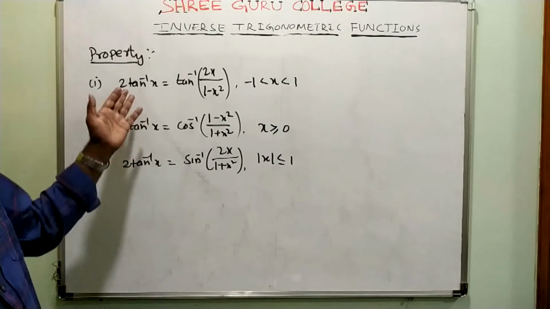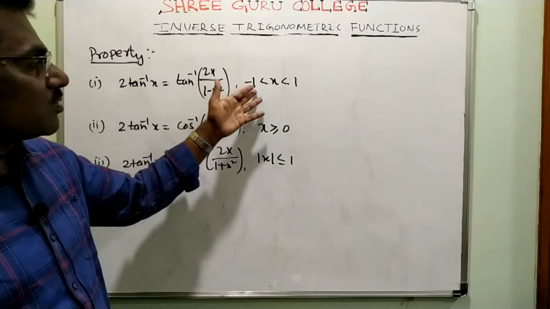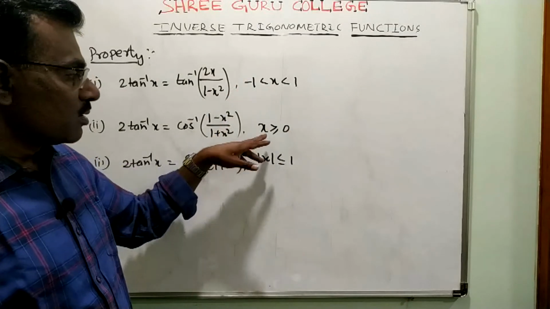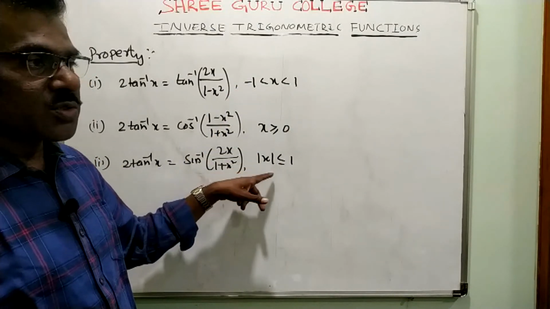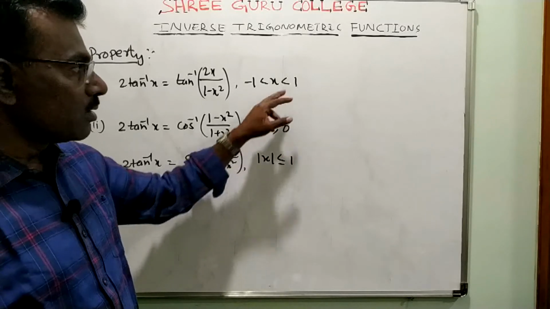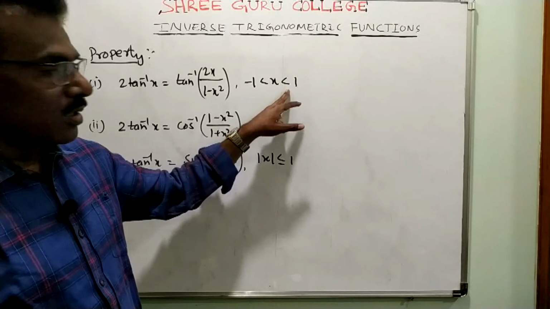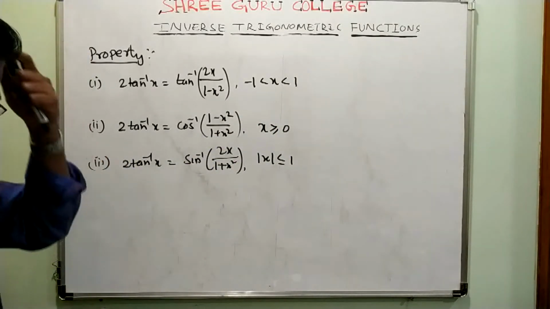The condition on x is that it lies between minus 1 and plus 1; minus 1 is included, but 1 is not. So these are important properties.